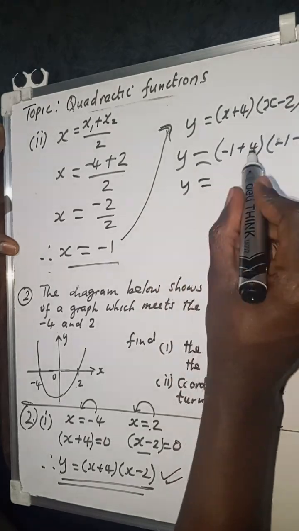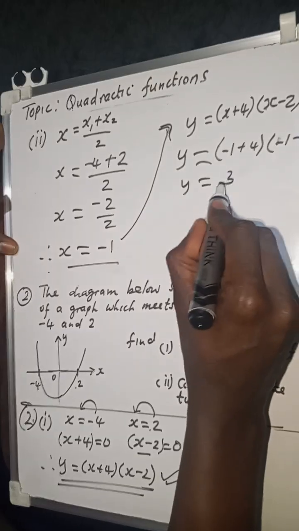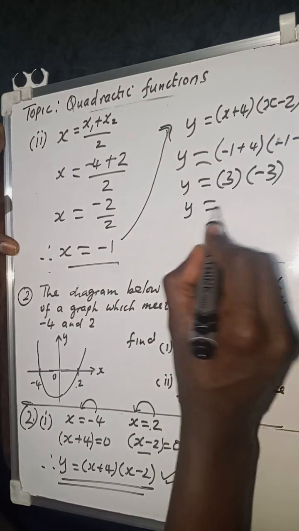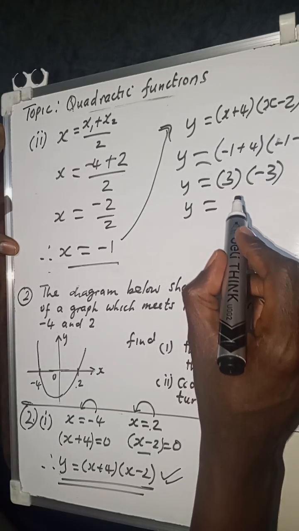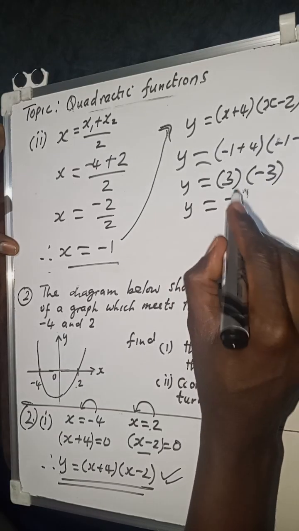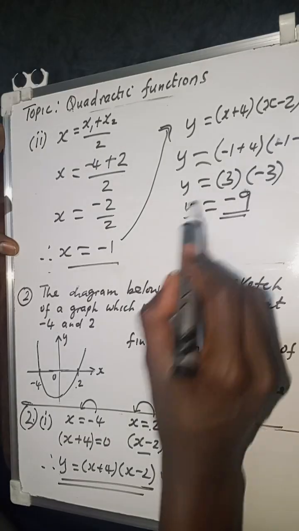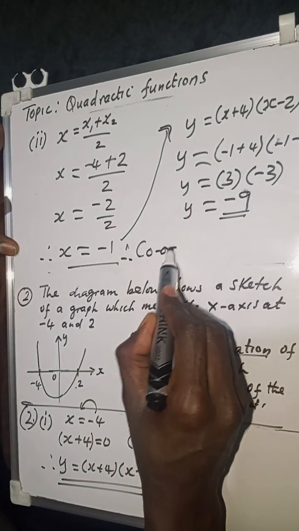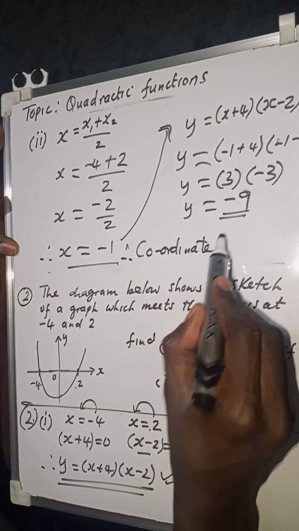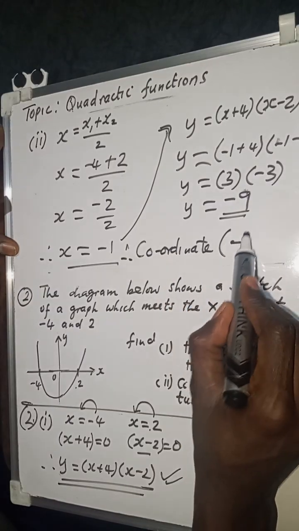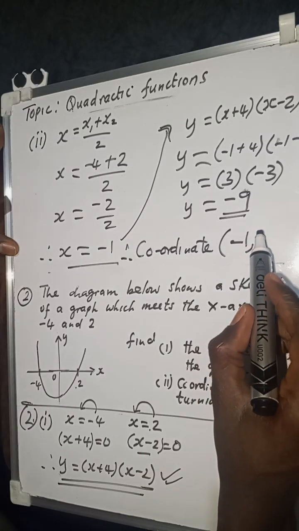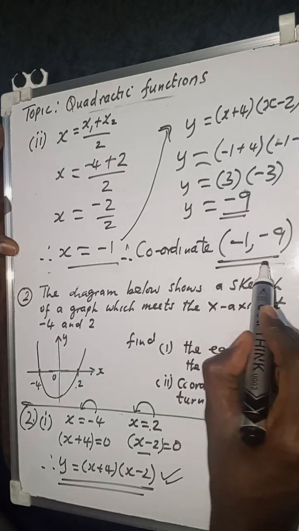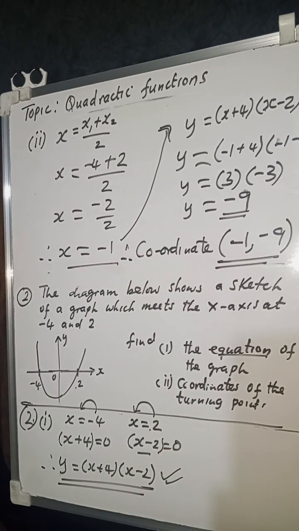So y will be equal to, that will give us a +3, and that will also give us a -3. So y will be equal to 3 times -3, that will be -9. So that's the value of y. Therefore the coordinate of the turning point will be x is -1 and y is -9. That's the way you can find them.